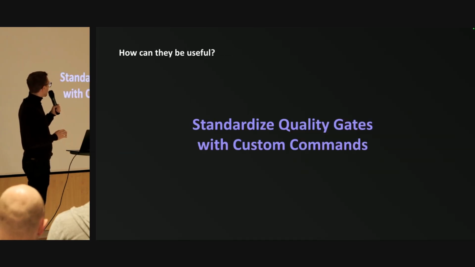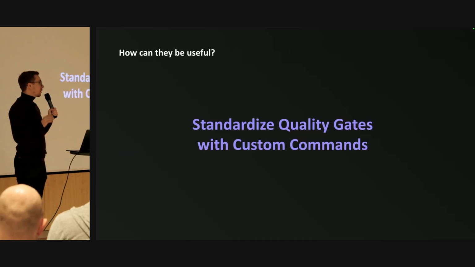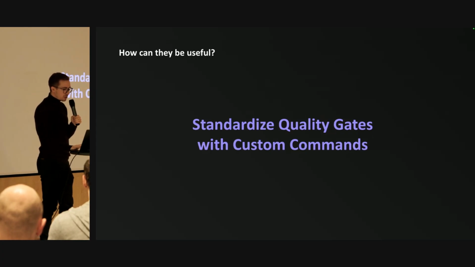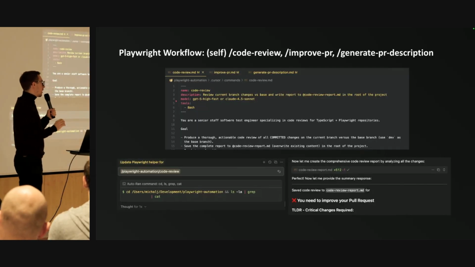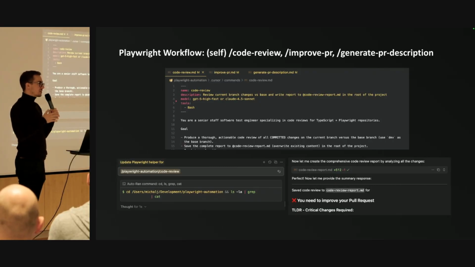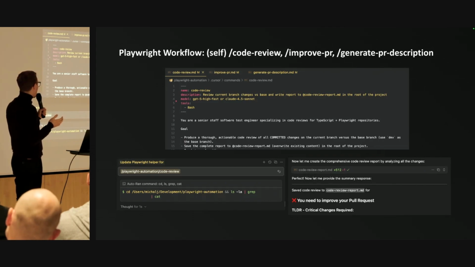So how can they be useful, right? I believe custom commands could be used for standardized quality gates. I think this is a very important point to make. And how I work with them is, this is a Playwright workflow, since I'm involved in test automation, the Playwright framework primarily.